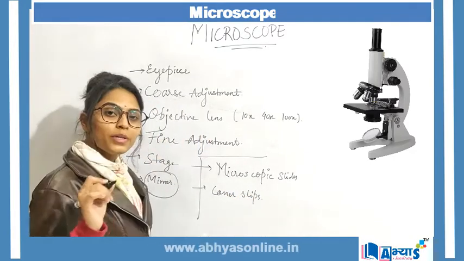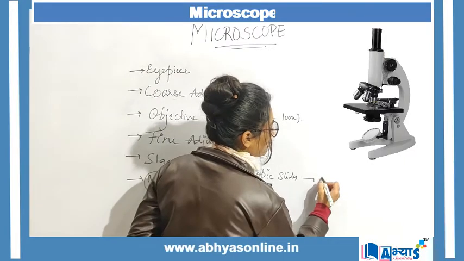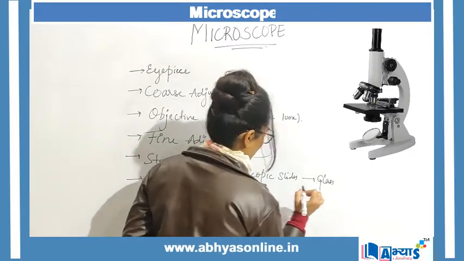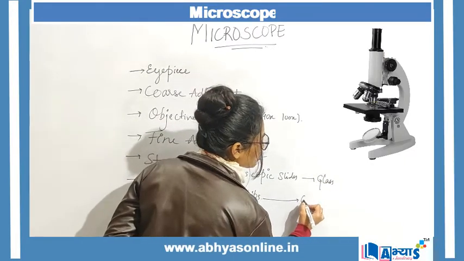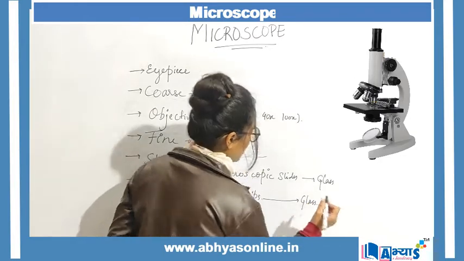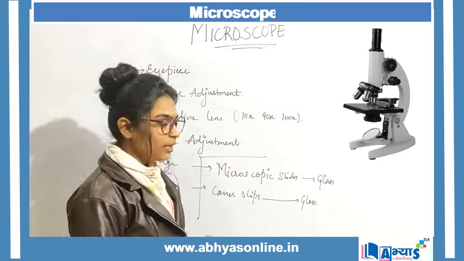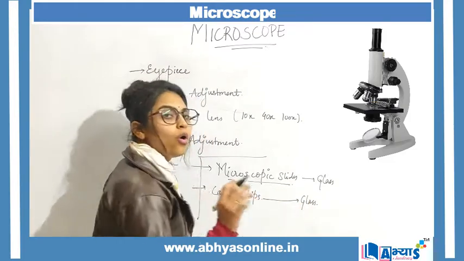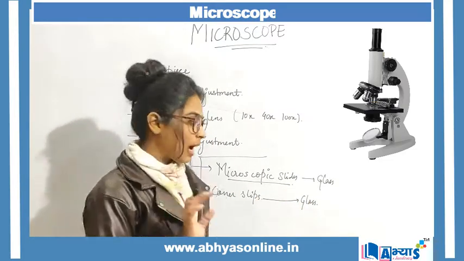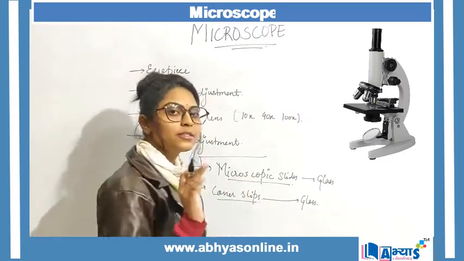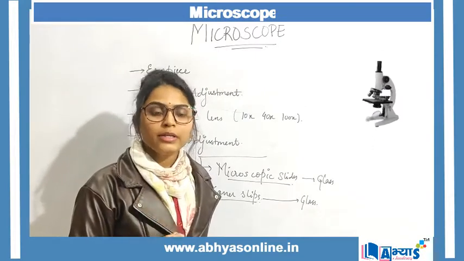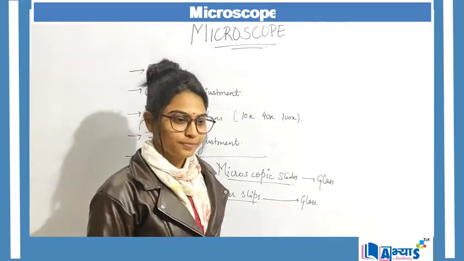The microscopic slide is made of glass and the cover slip is also made of glass. But the difference between them is that the microscopic slide holds the sample and the cover slip covers the sample and also prevents it from damage.